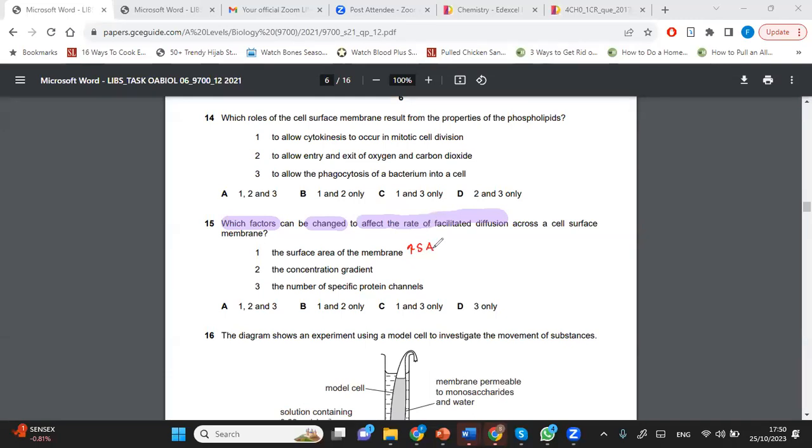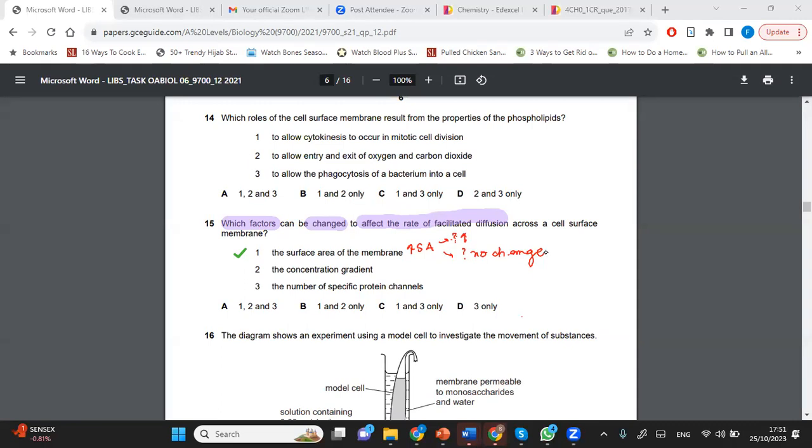Will I see more diffusion or less diffusion, or will there be no change? It will increase. That's right. So the surface area of the membrane will increase the facilitated diffusion. The surface area will affect the facilitated diffusion.